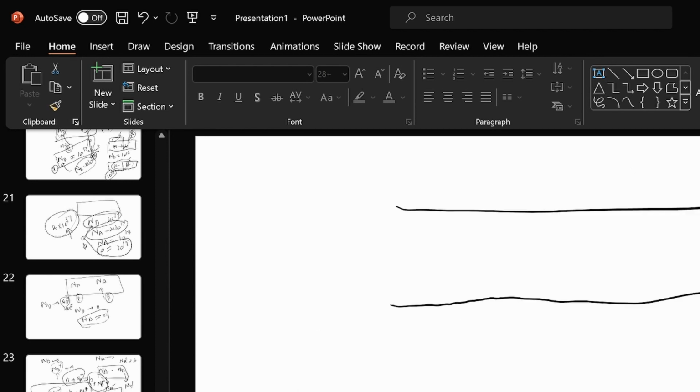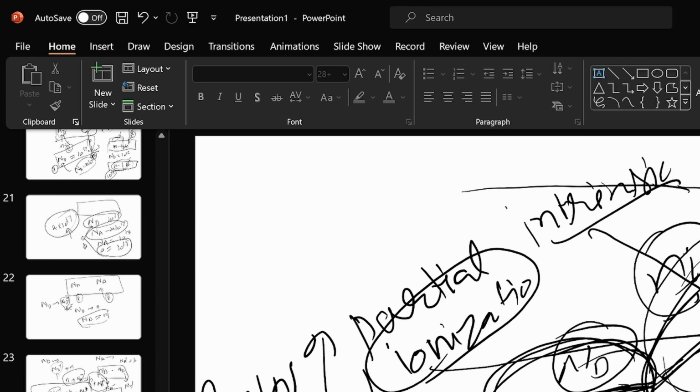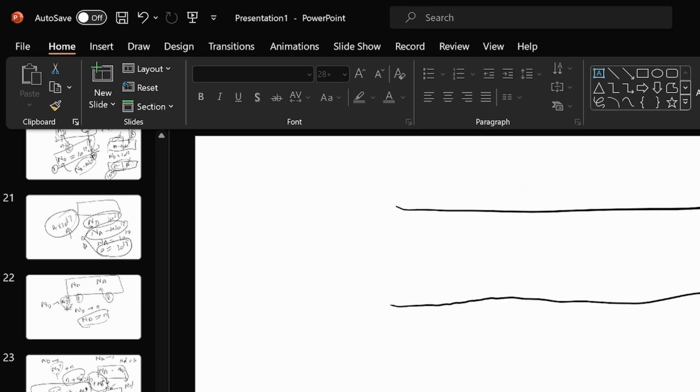In the region before this, the Fermi level will be above the middle.